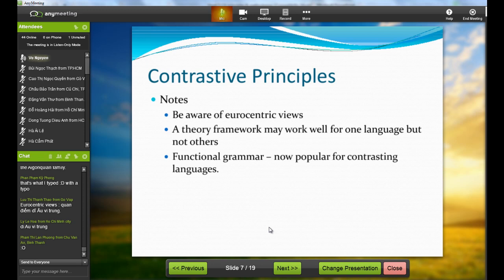So if you want to do your essays on contrasting grammar structures, then functional grammar maybe a framework that you should look at.